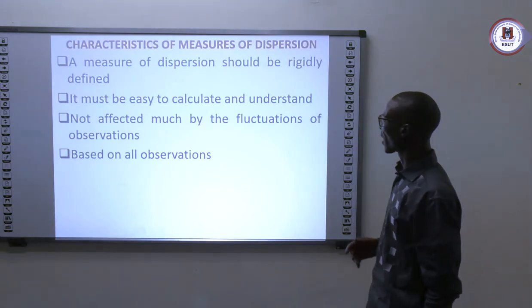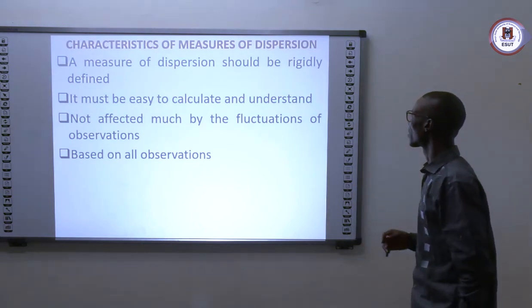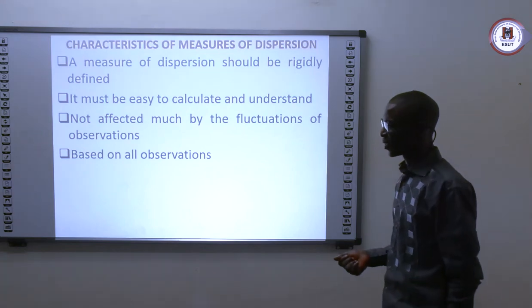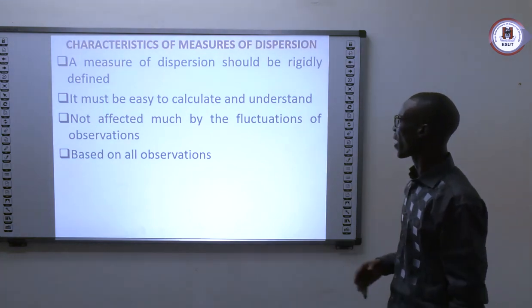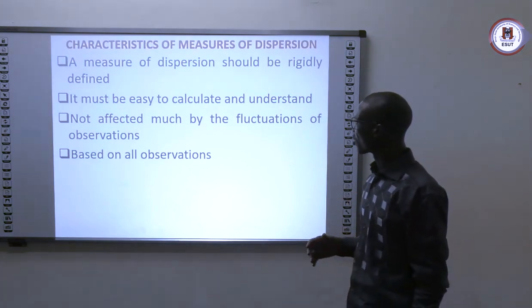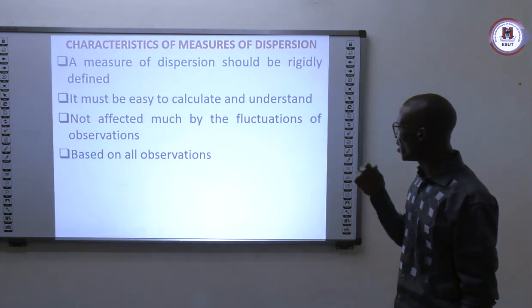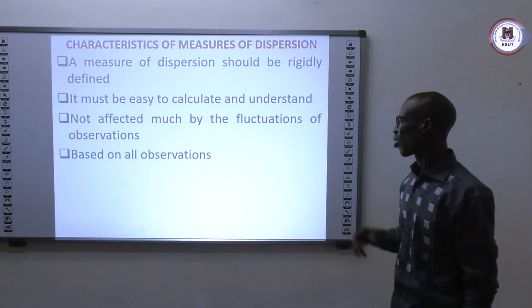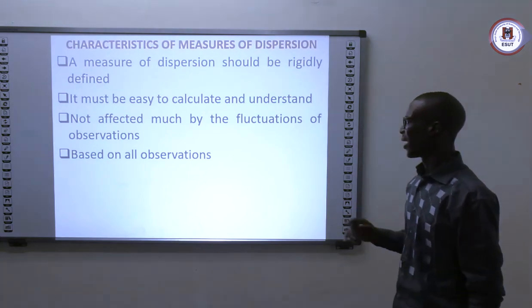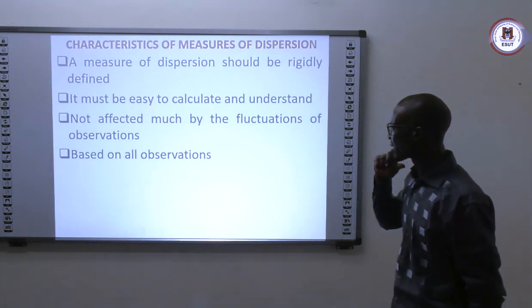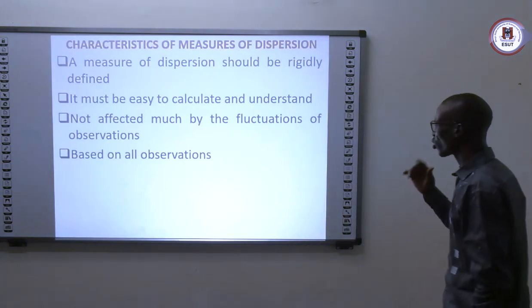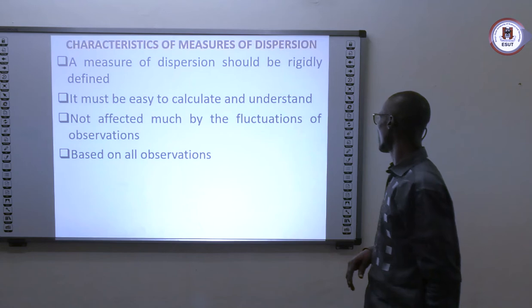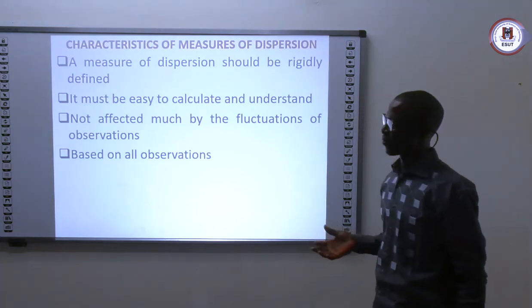So what are the characteristics of dispersion? One of the characteristics is that dispersion should be rigidly defined. Another one is that dispersion should be easy to calculate and understand. The third one is that dispersion should not be affected by any fluctuation in data observation.